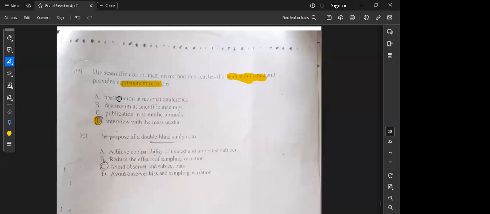Because they're saying the mass media might not always, even if it might reach a greater audience, meet the criteria for it to be used as credible evidence.